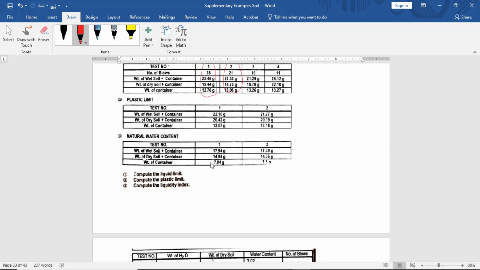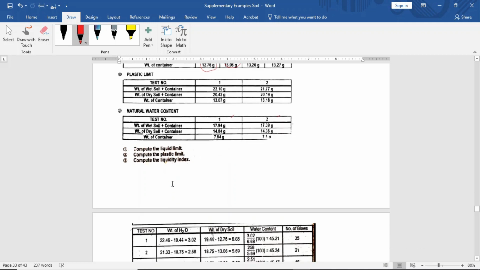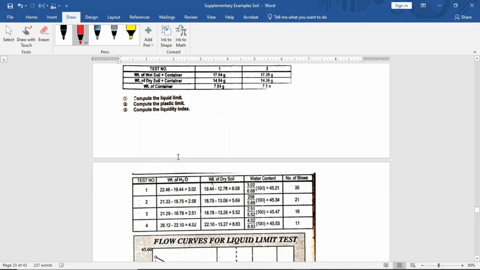So, may last, tabulated na given, natural water content. So, there are 2 tests, 1, 2, tapos weight of wet soil plus container, dry soil, tapos yung para sa container. So, ang pinapahanap muna sa atin is compute the liquid limit. So, paano ba natin hahanapin yung liquid limit? So, katulad nga na sabi ko kanina, meron dating sa liquid limit, kaya ito tayo tinatawag na flow curve.